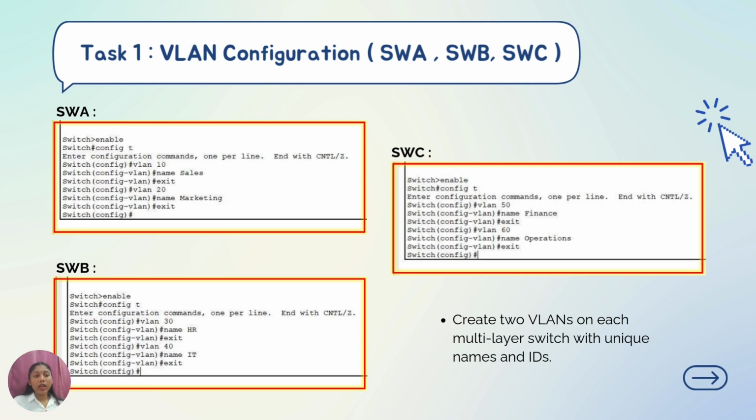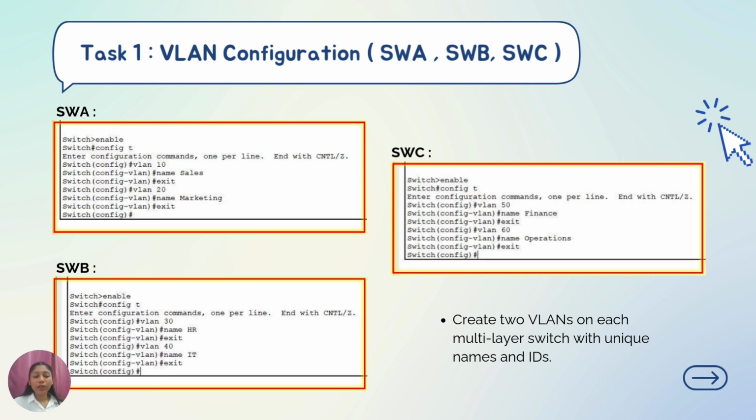SWA has VLAN 10 named Sales and VLAN 20 named Marketing. And then SWB includes VLAN 30 for HR and VLAN 40 for IT. And then SWC contains VLAN 50 labeled as Finance and VLAN 60 for Operations.